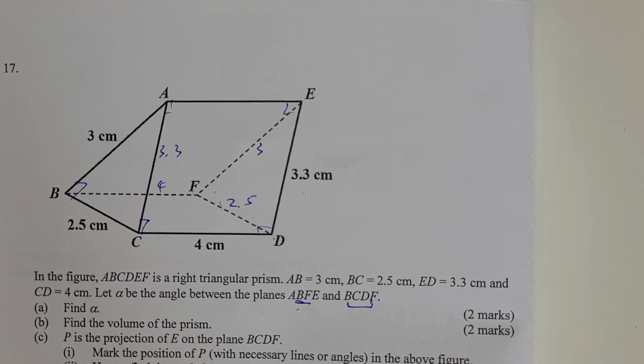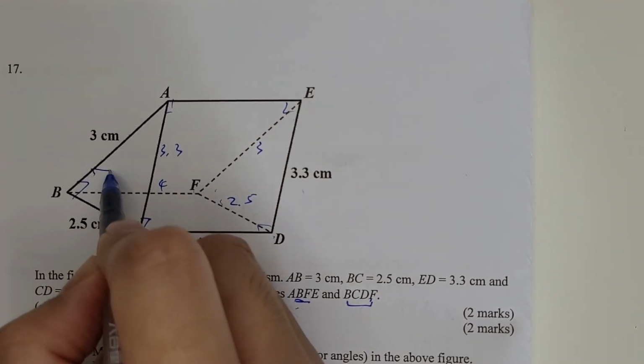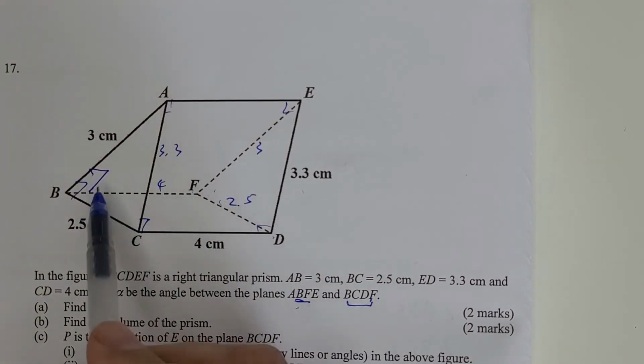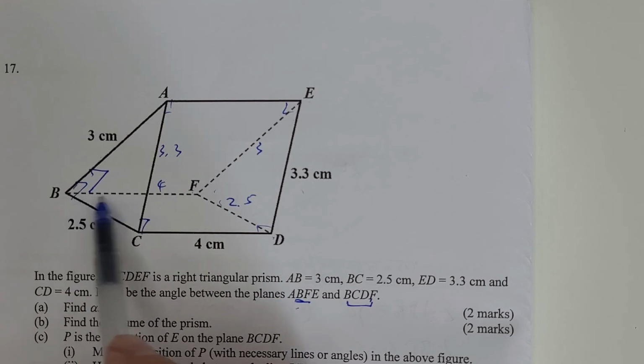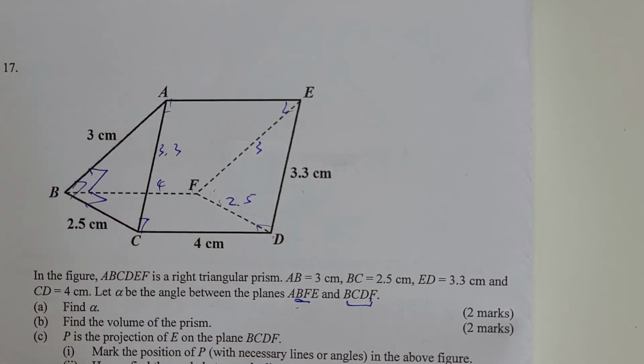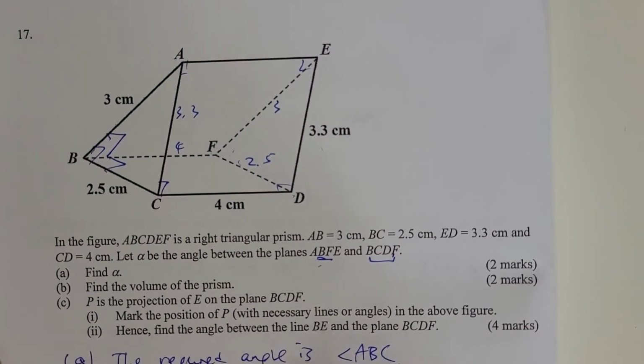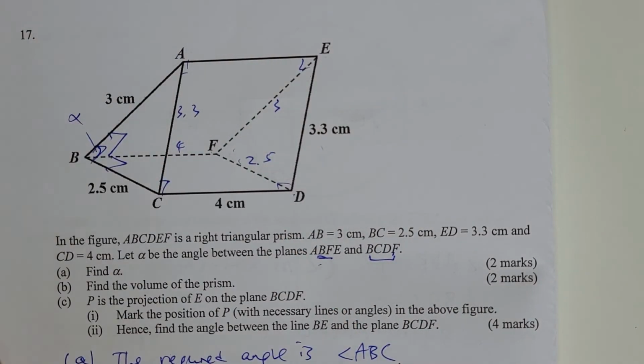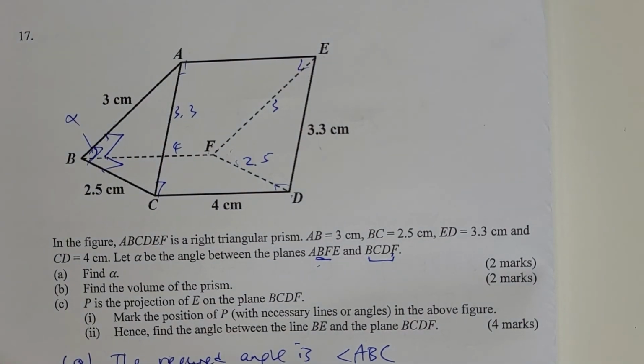So for each face, you need to draw a line which is perpendicular to BF. So for the first one, AB is perpendicular to BF. For the second plane, BC is perpendicular to BF. So the required angle is ABC. And that means this is alpha. Okay?